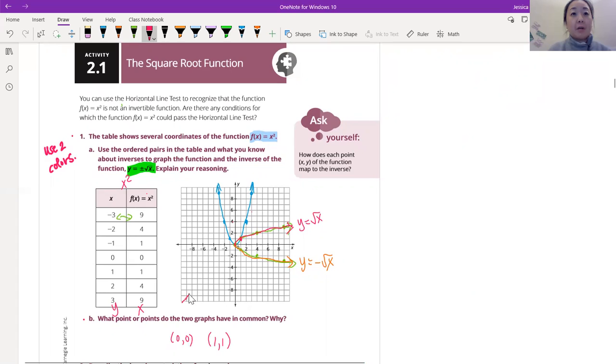Let me see if I could draw this line here pretty okay. We could have just reflected it right here. You see what I'm saying? So the line would be like this. So if I reflect it on this line, what do we get, right?